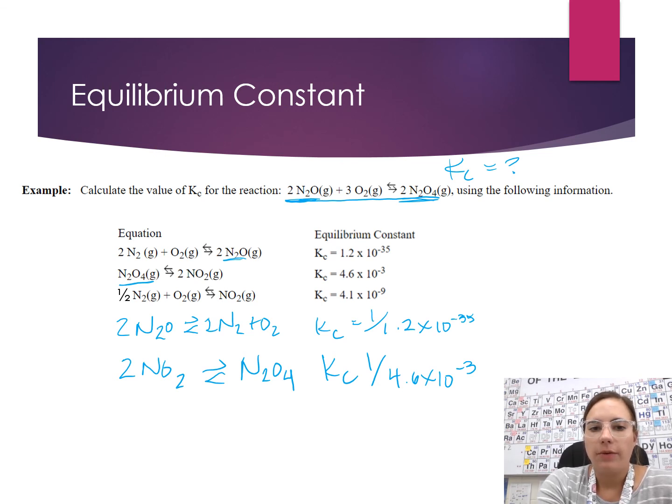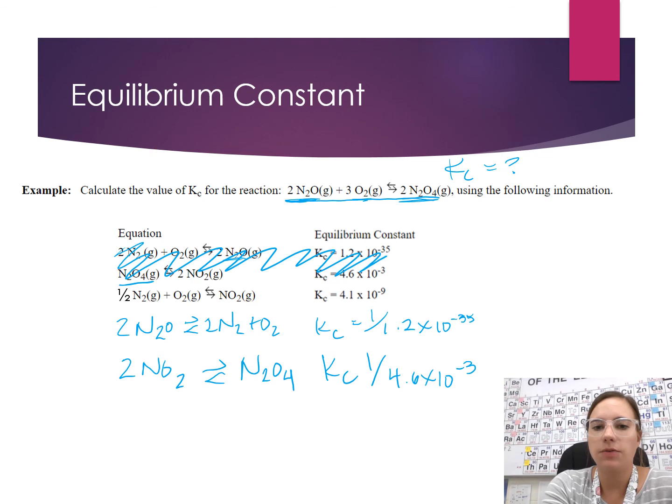So the last one, I have N2 plus O2 creates NO2. Well, O2 is a reactant here, and it's a reactant here, so I'm not going to flip this third one. So what I'm going to do is mark these first two out because now here are my 3 equations that I'm using.